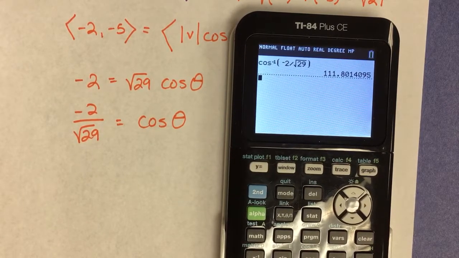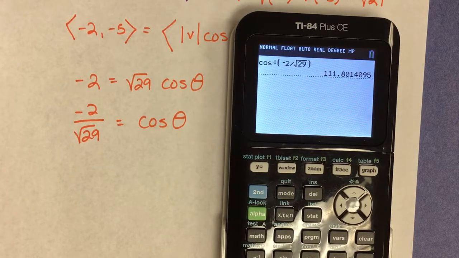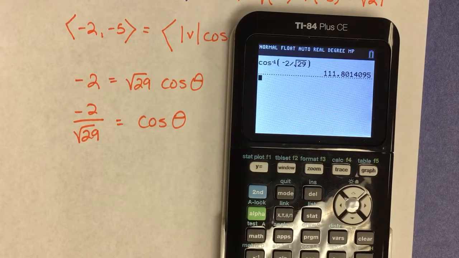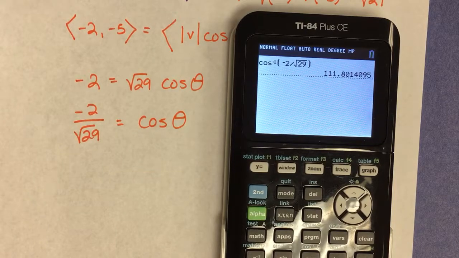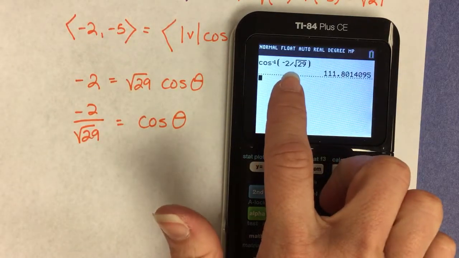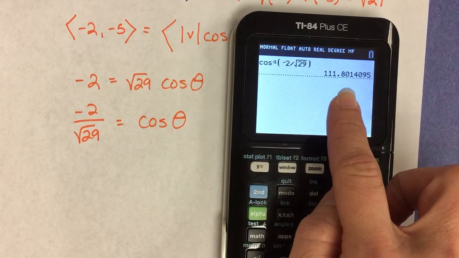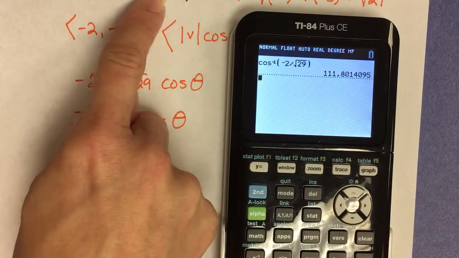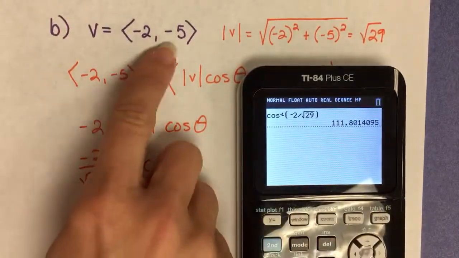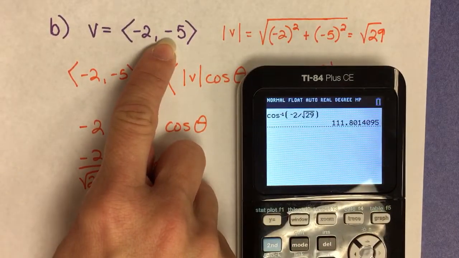So your calculator doesn't know which angle it is that it's supposed to give you. Your calculator's programmed based on those restrictions that we learned when we studied the inverse trig functions. And if you remember, your inverse cosine was restricted to the first and second quadrant. So that's why when you enter in a negative value, it's going to produce an answer out of the second quadrant, not the third. So you need to think about where the vector is actually located, okay?